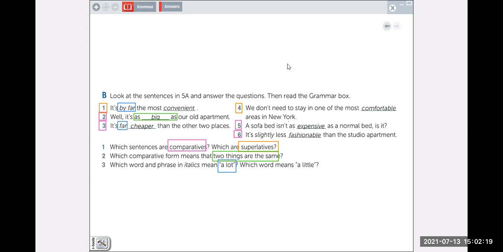And which of these words mean a little? Slightly. Slightly, very good. Any other? No, just this one, right? Very good. Okay, let's move on.